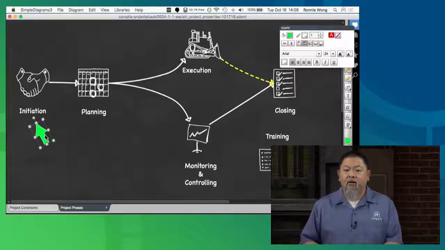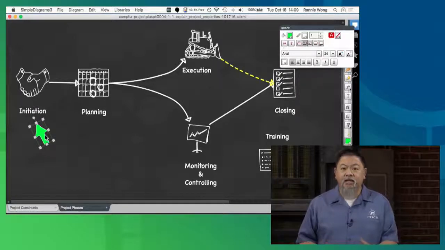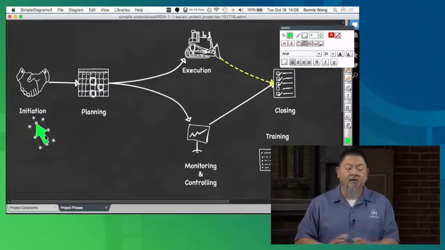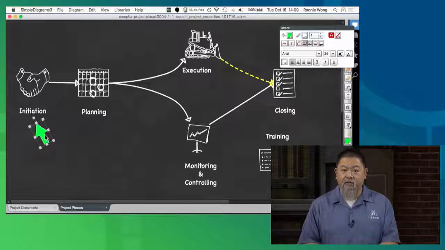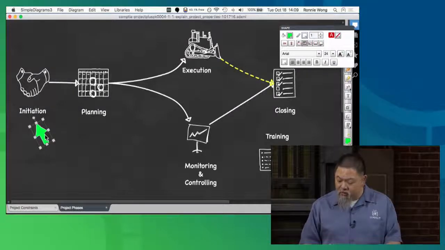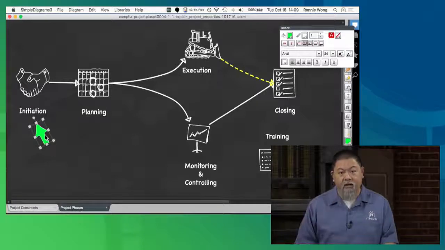Now, in the project initiation phase, sometimes you'll hear people call it pre-project setup. You might hear that term, but it's really the initiation phase that we're talking about, in which no actual work on the project is being accomplished yet, and there is no authorization to do anything on the project yet either.